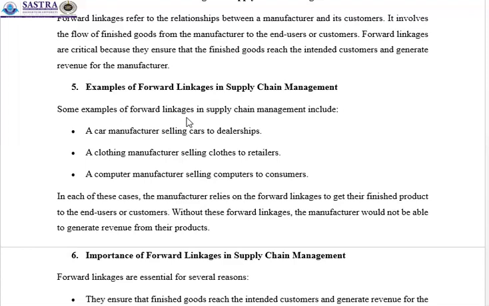So in the first you have a dealership model, the second a retailer model, manufacturer to retailer, and the third model is where the manufacturer sells directly to the consumers.